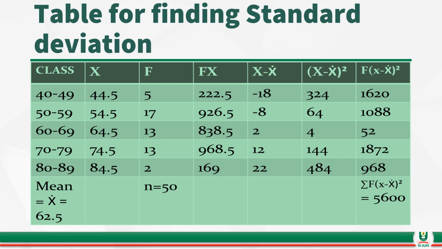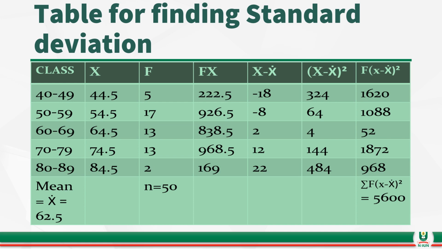Down to 484 multiplied by 2 will give you 968. The summation of the frequency multiplied by mean deviation squared will give you 5600. In the next slide, we will have an activity.